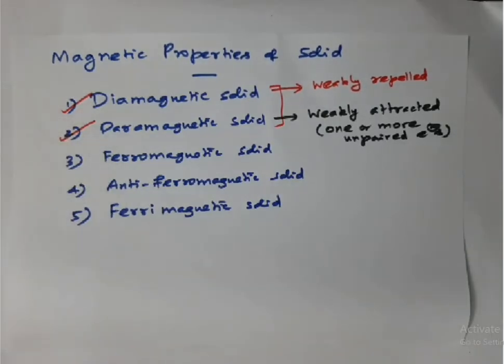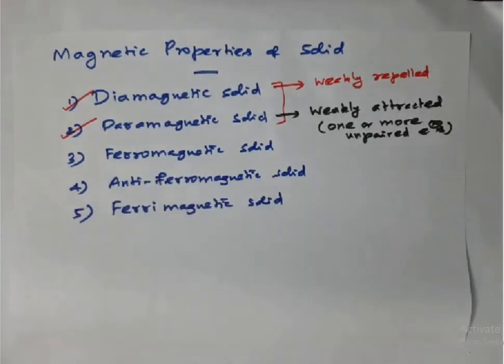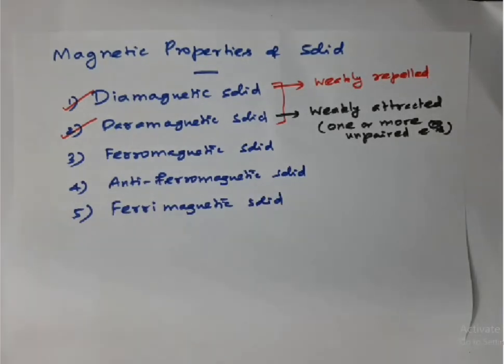Today we are going to learn the ferromagnetic solid. What is meant by ferromagnetic solid, and how a ferromagnetic solid responds to the external magnetic field. That's what we are going to do.